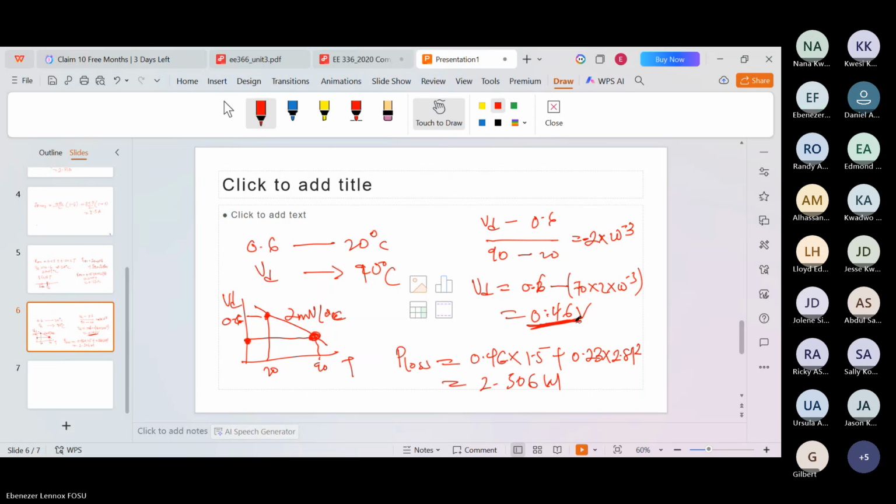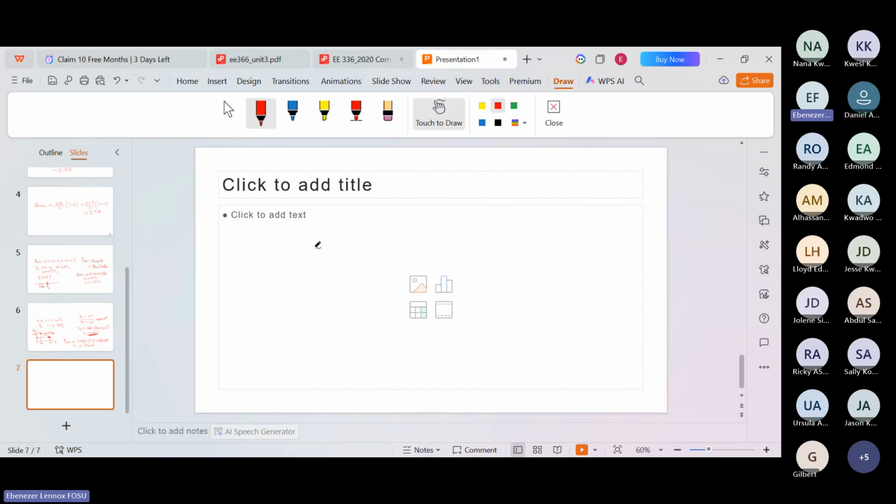We just use that to calculate the diode conduction power loss. So VD loss for the diode will be equal to 0.46 multiplied by the average current of the diode, which is 3.5 amps. This will be the conduction loss of the diode.